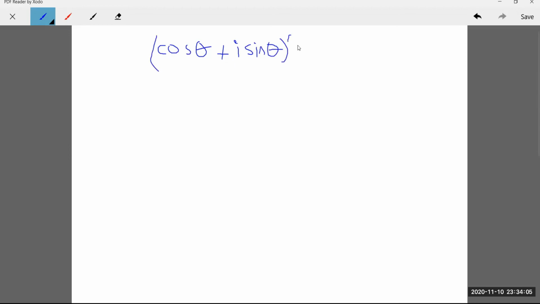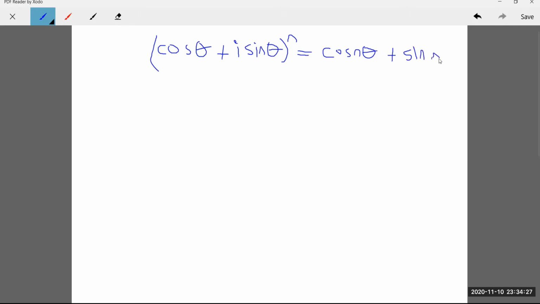Wonderfully said. Now, cos theta plus i sine theta to the n is equal to cos n theta plus i sine n theta. The question asks us for sine 4 theta, divided by sine theta.